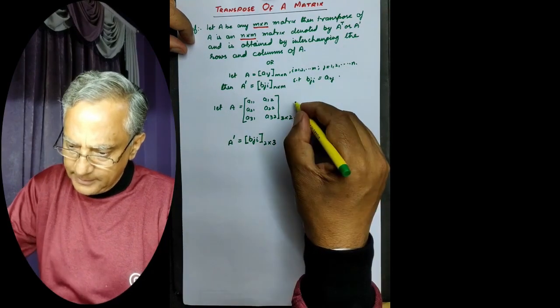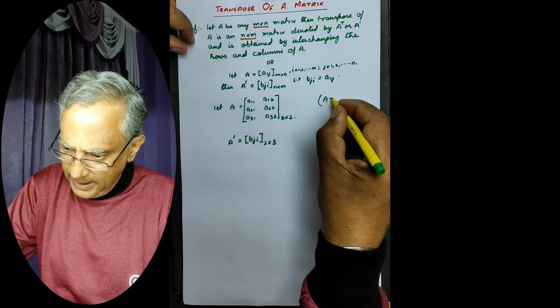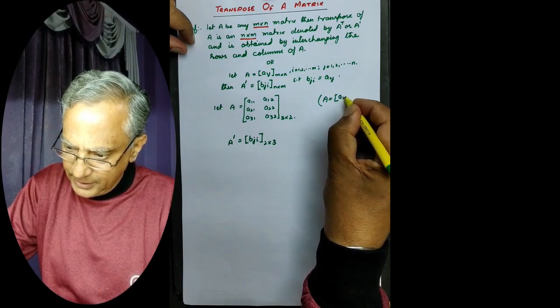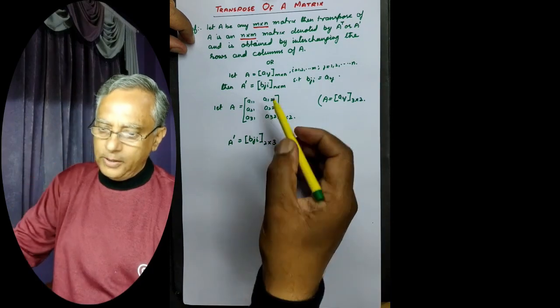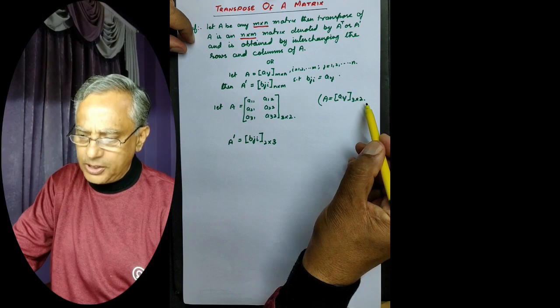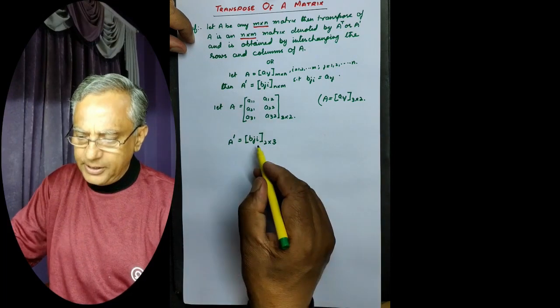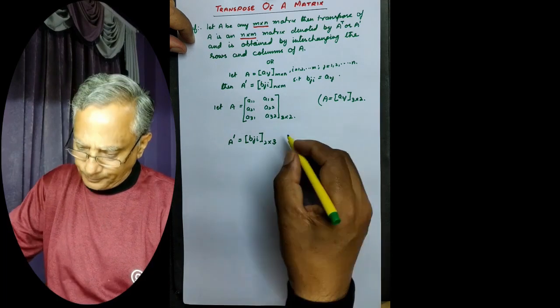This can be written in short as A is equal to Aij, 3 cross 2. Then A dash is Bji, 2 cross 3.